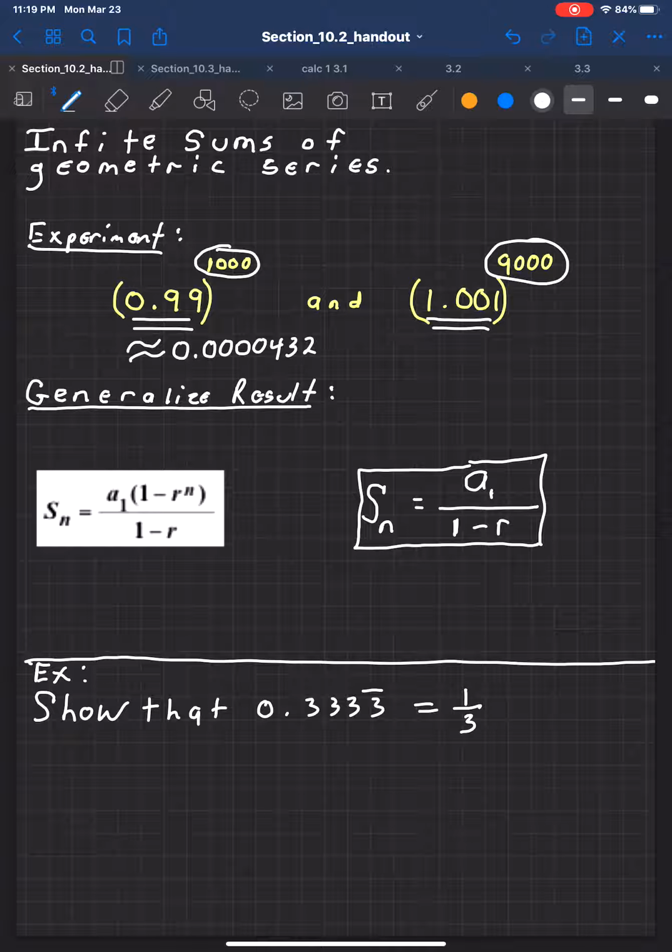Now, if we do the same thing, except now we take 1.001, and I just arbitrarily chose to raise it to the power of 9,000, then we're going to get approximately, I believe, 8,066,726.